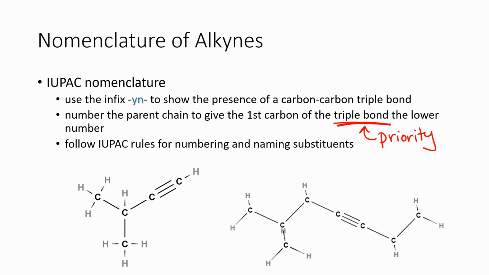So your longest carbon chain has to include both carbons of the triple bond, just like you needed to in alkenes. Just like you need to make the alkene take priority, you need to make the alkyne have priority. And then from there, you just number and name the substituents.